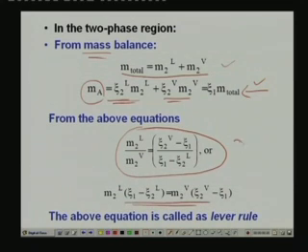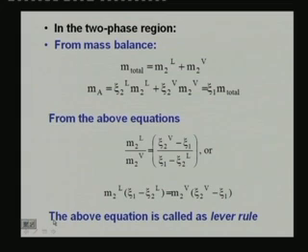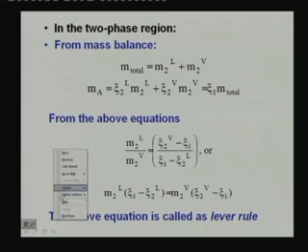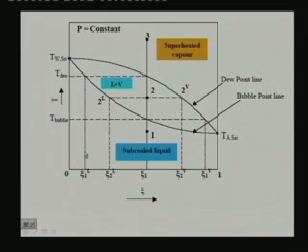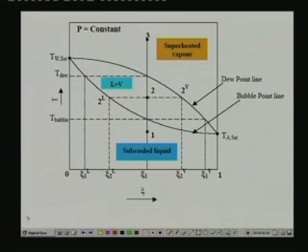This particular rule is called the mixing rule, or sometimes it is also called the lever rule. What do you mean by lever rule? Lever rule means this point actually acts as a fulcrum. So, for example, we want to find out what is the mass of this thing.